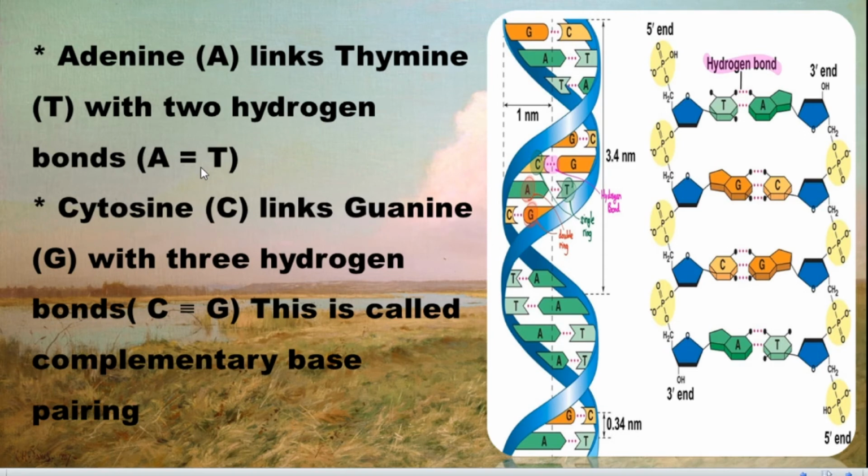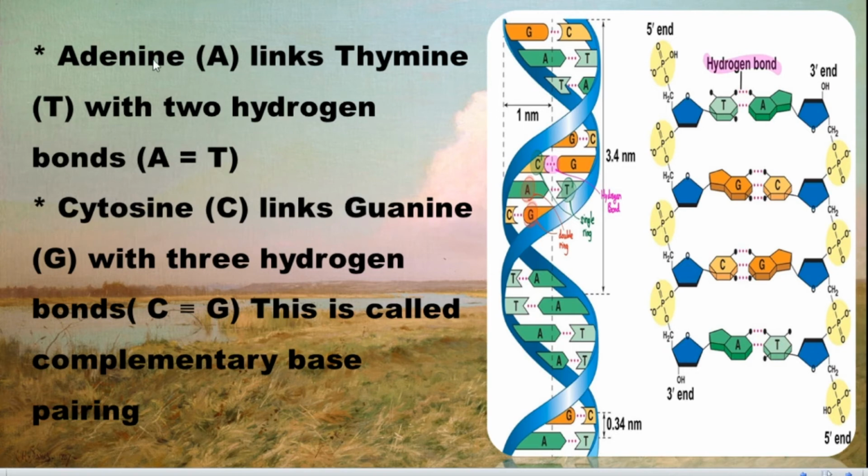Adenine always pairs with thymine with 2 hydrogen bonds. Cytosine always pairs with guanine with 3 hydrogen bonds. So this is called complementary base pairing. You should keep in your mind, adenine never pairs with guanine. If it is happening, we call it a mutation.